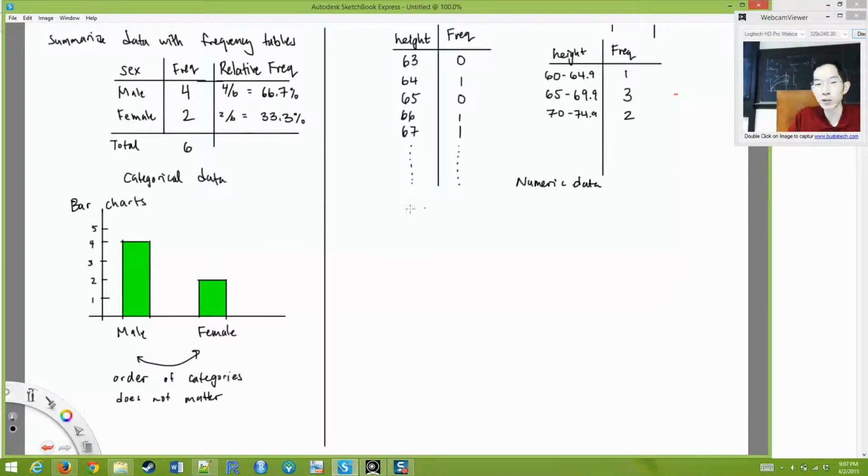On the other hand, for numeric data, we create something called a histogram. Okay, and so I'll do a histogram, at least for this partial data. And you start off kind of with these, across the bottom you put a number line.